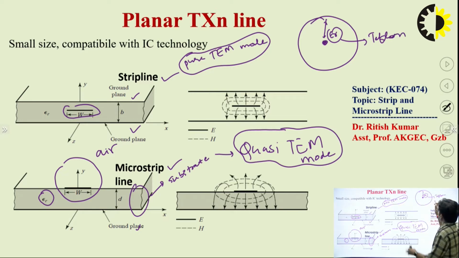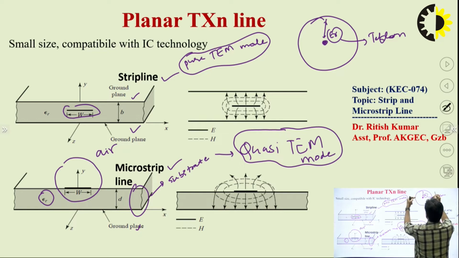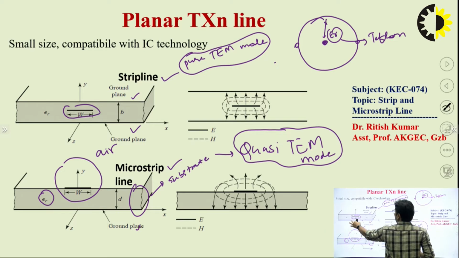So if we correlate this with the strip line, if we cut these two sections from this point and through this point, we have a similar structure as we have in the strip line.